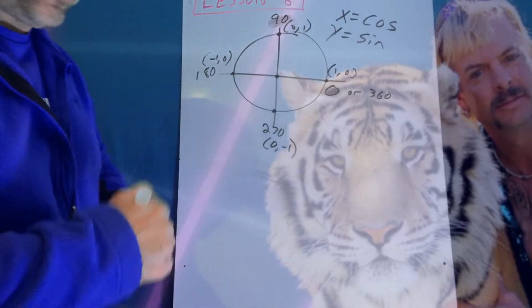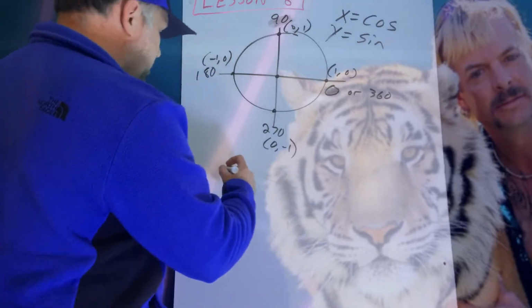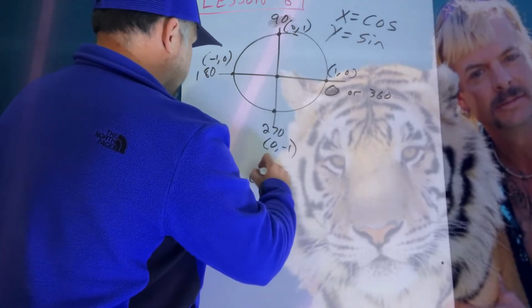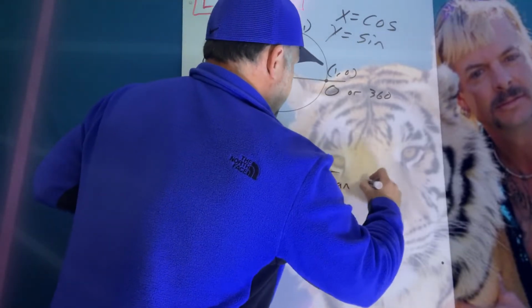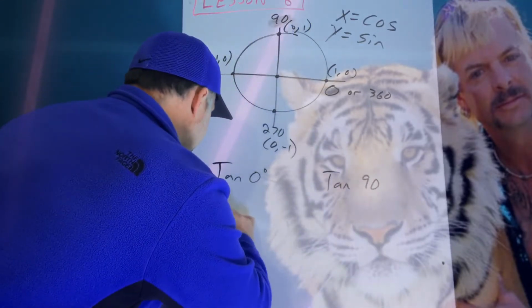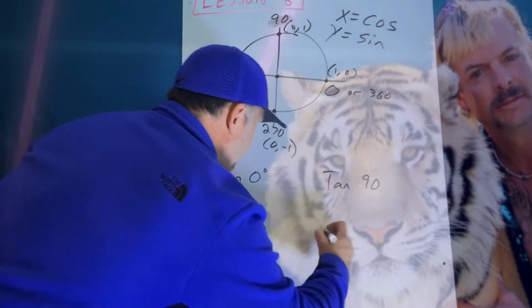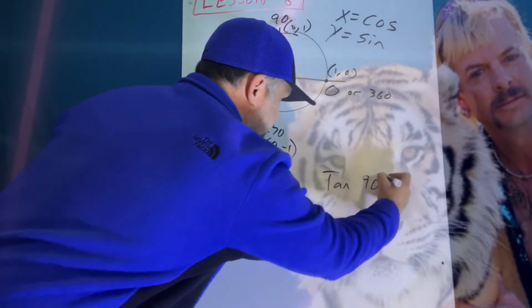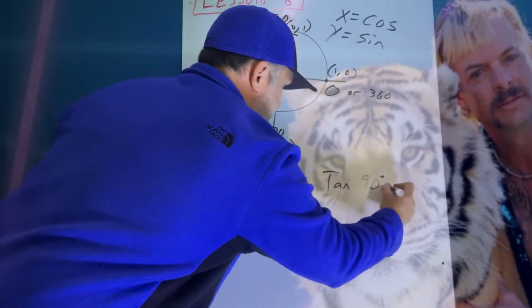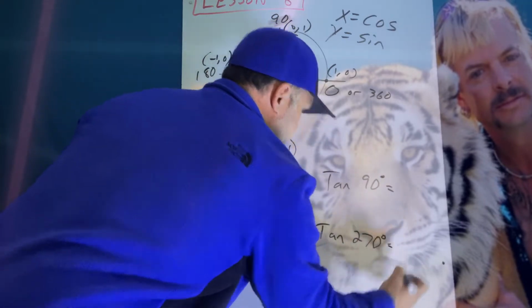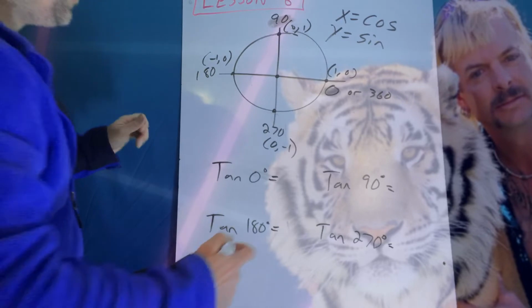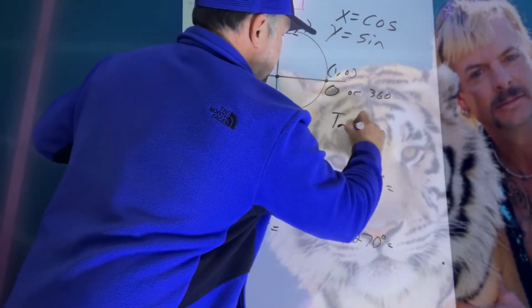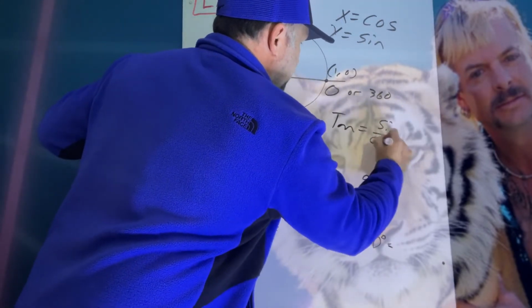So now that we know that tangent is sine over cosine, we can find the tangent of 0 degrees, the tangent of 90, the tangent of 180, and the tangent of 270, all without a calculator. So let me do all of these and show you what we get by using the concept that tangent is sine over cosine.